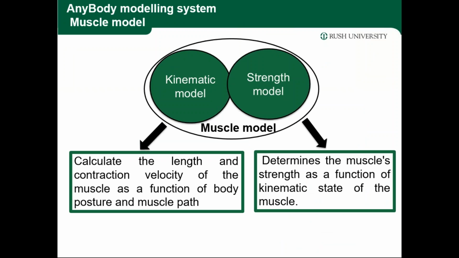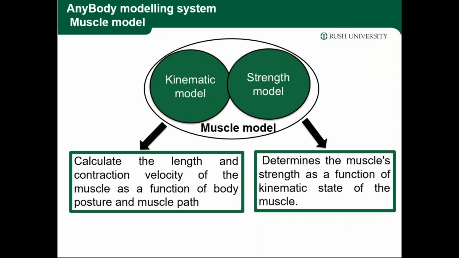Okay, and how has the muscle been modeled in the AnyBody Modeling System? Well, as I said, the muscles are modeled as a Hill type muscle model, but how does it work? Well, each muscle model in AnyBody consists of 2 parts, the kinematic model and then the strength model.